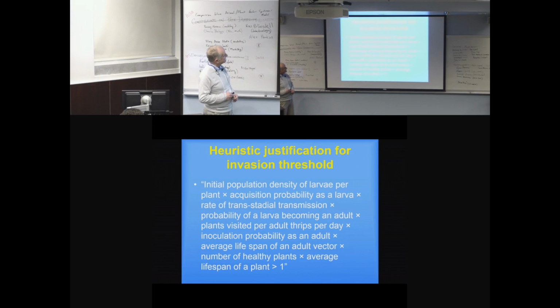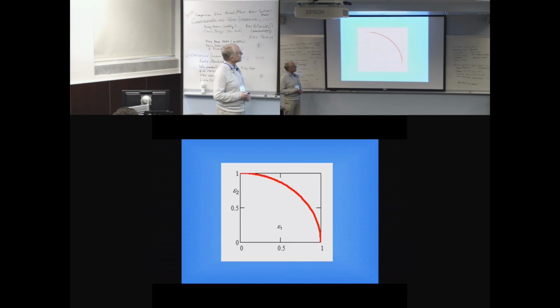So in this case, for the Tospovirus, we start off with an initial population density of the larva per plant, the various acquisition probabilities, becoming an adult, the plants visited per adult thrips per day, inoculation probability of an adult, average lifespan of adult vector in relation to the number of healthy plants and the average lifespan of a plant. So heuristically, I'm convinced that this invasion threshold, whether you call it an R0 or not, I'm not bothered, does tell us something really biologically useful.